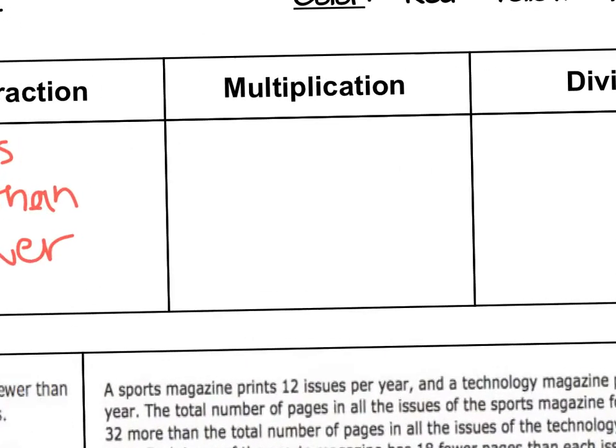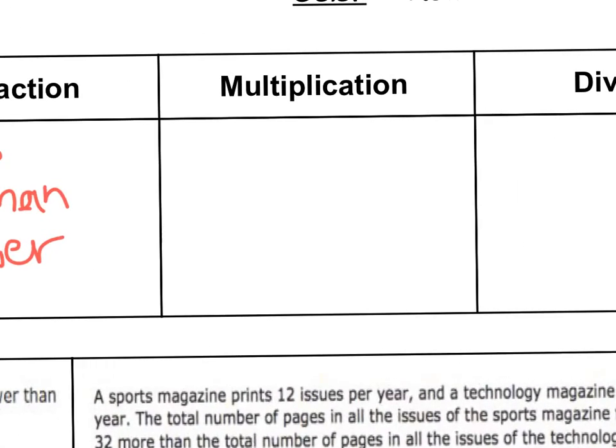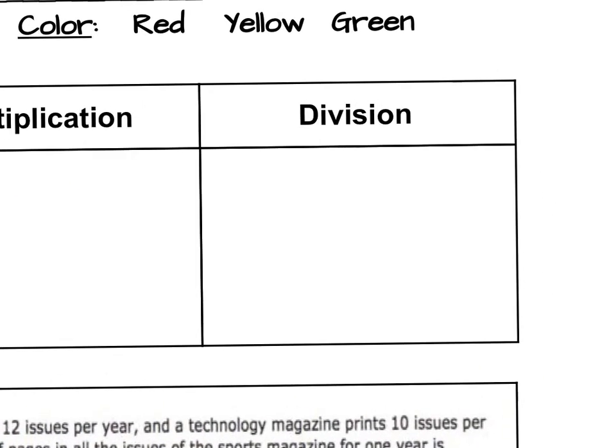For multiplication, things that are going to help us to know we're going to multiply are words like per, that one comes up a lot, each, every, and words for division are things like splitting apart or separate.